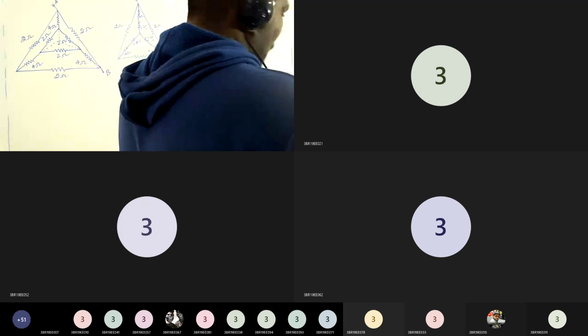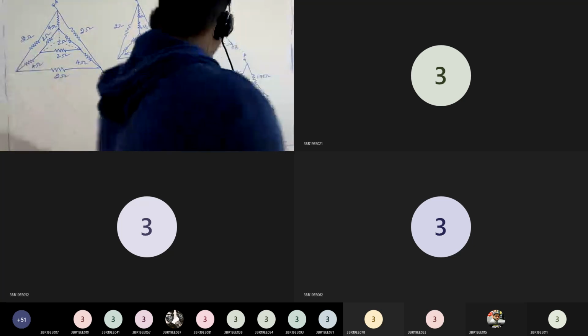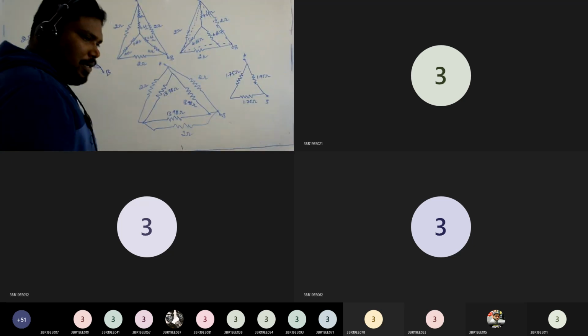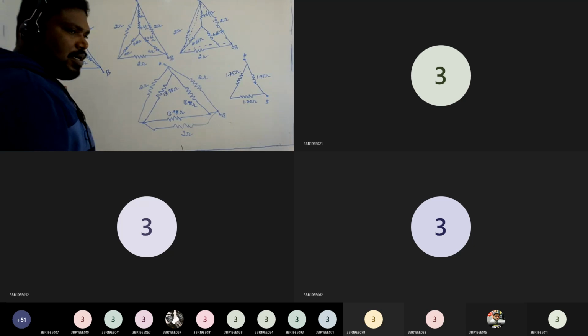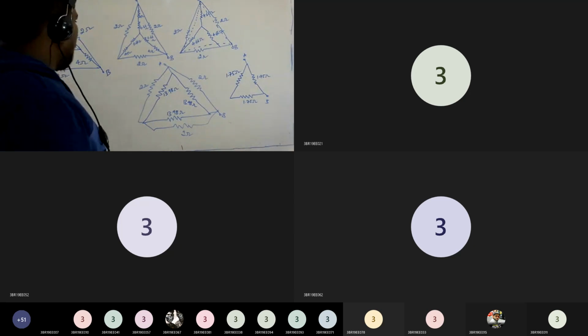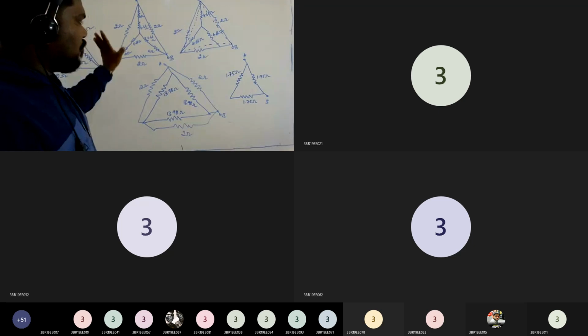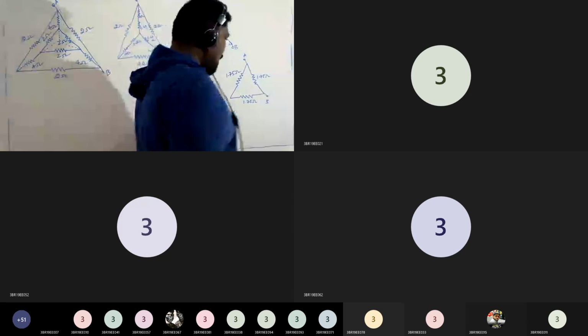See, from where to where we have simplified. Earlier, the circuit was looking very complicated, right? We had a star and delta combination of resistive network. Only three transformations were applied and we reduced the network to a single delta.